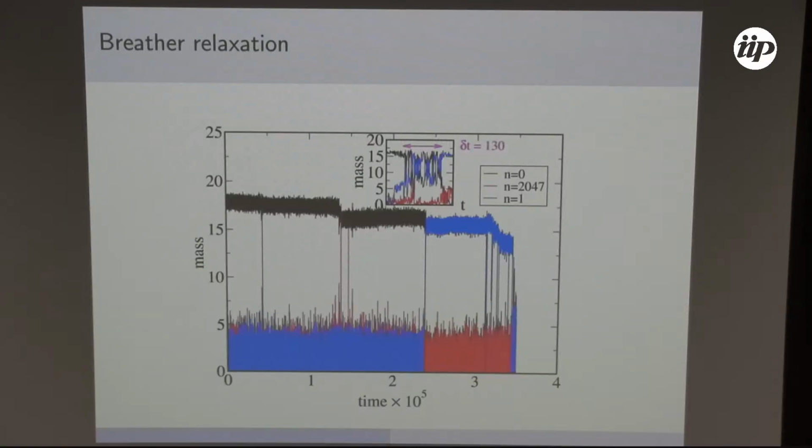If you take a small system and a huge breather, basically you will enter the non-Gibbsian regime.